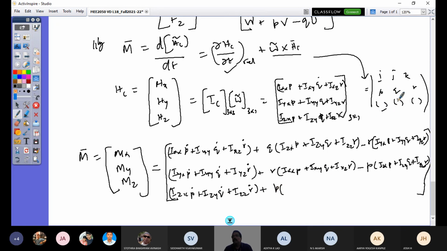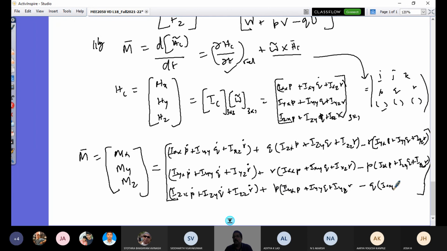So that's p into the second term, that is Iyx p plus Iyy q plus Iyz r, minus q into the first term, Ixx p plus Ixy q plus Ixz r. So these are the three terms.